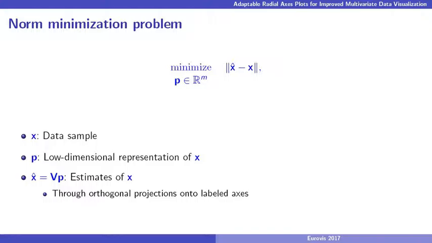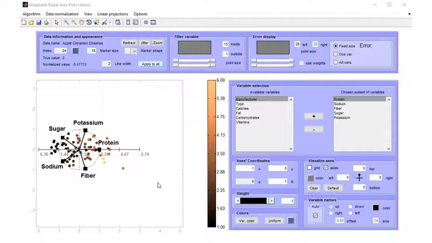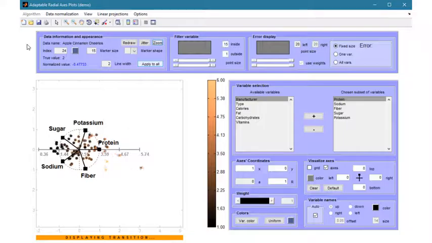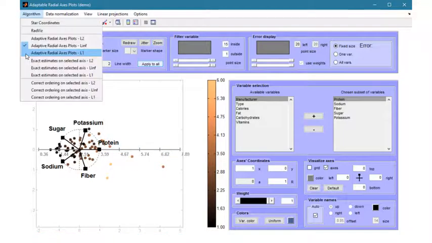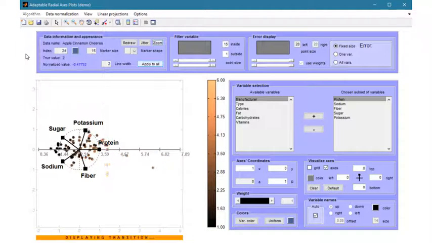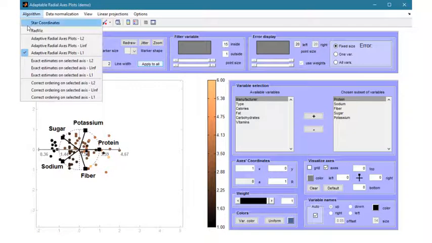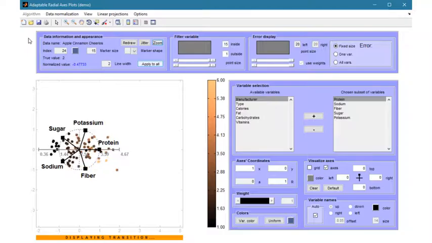Thus, our technique can be defined as a norm minimization problem. This plot uses the L2 norm in order to visualize the breakfast cereal dataset. The L-infinity norm produces a different plot, and the L1 norm provides yet another view of the data. Note that analysts may make different decisions when searching for cereals with large values of protein.